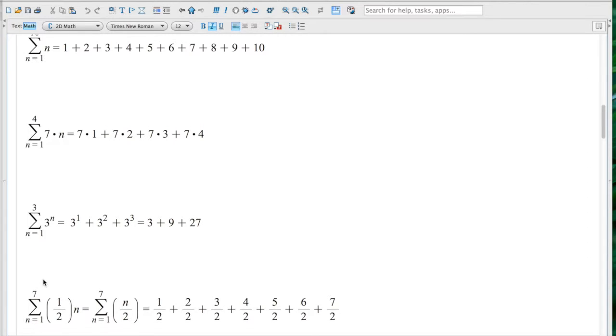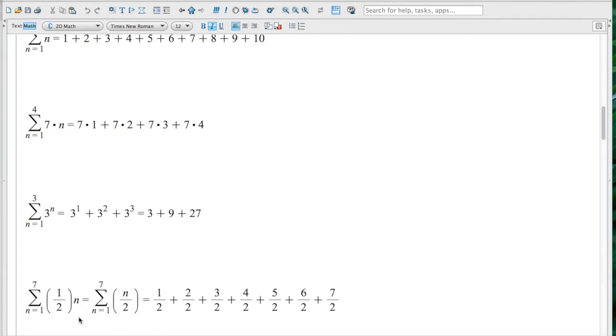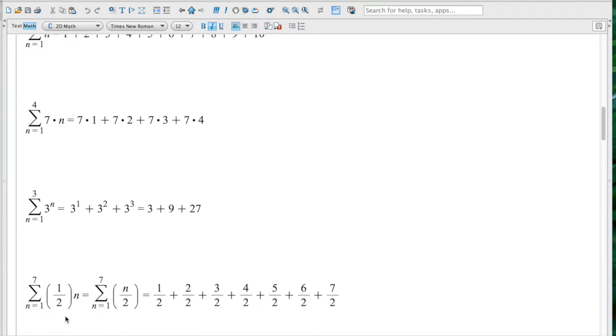Okay, this one looks a little daunting at first, but it's not a big deal. Here we're summing over 1/2 times n. We start with n equals 1 and walk to 7. And now from properties of fractions, you know that if you're multiplying a fraction by a number, you can put it in the numerator.